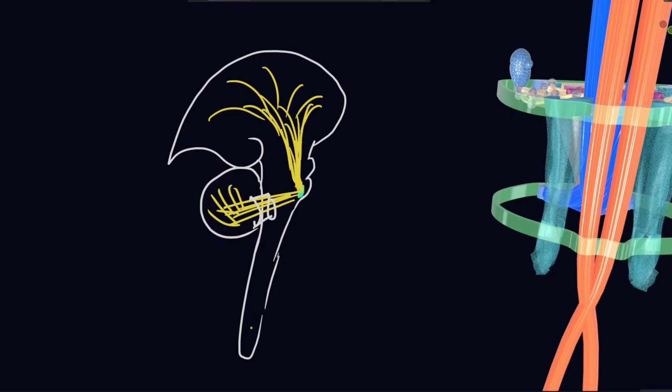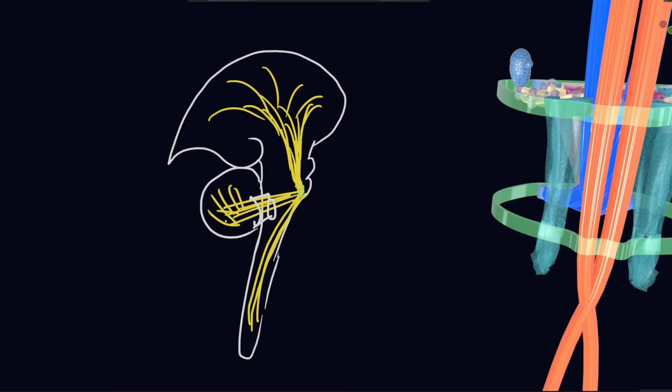Along with that, it is also taking fibers from the spinal cord, and if I remember correctly, from the red nucleus, and all these fibers are somewhat processed and ultimately go to the cerebellum.